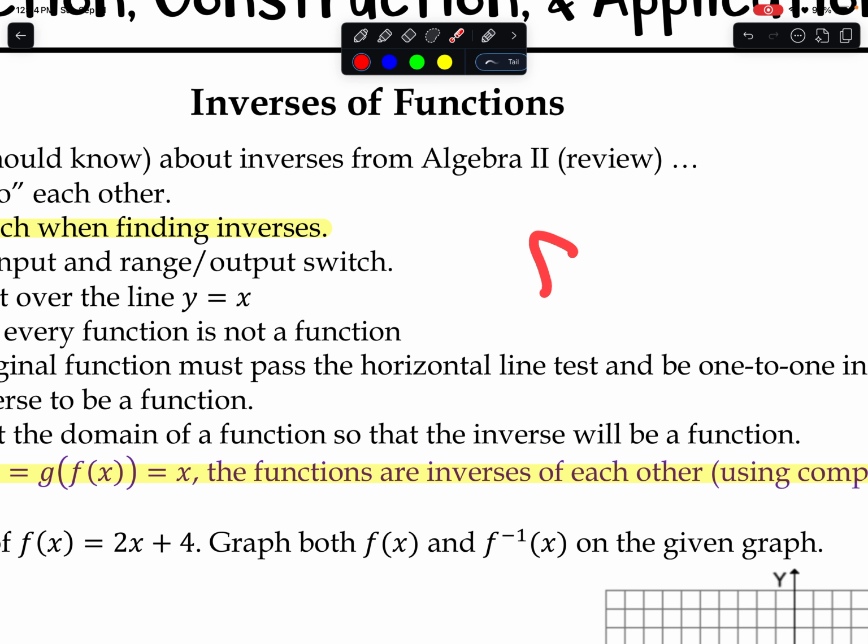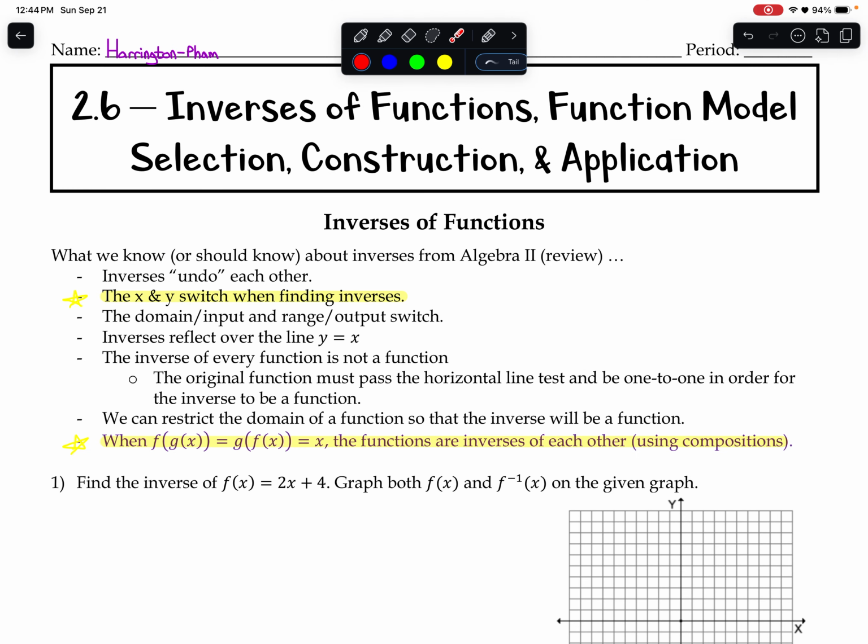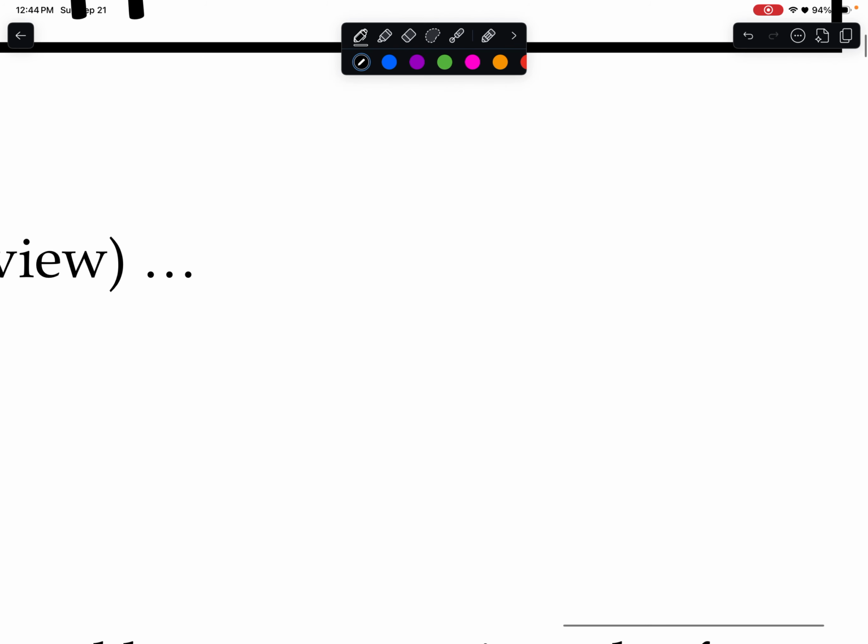So be careful when you're writing f of -1 of x versus just inverse. Here, let me just write this down. More specifically, if I just say inverse, this does not have to be a function.